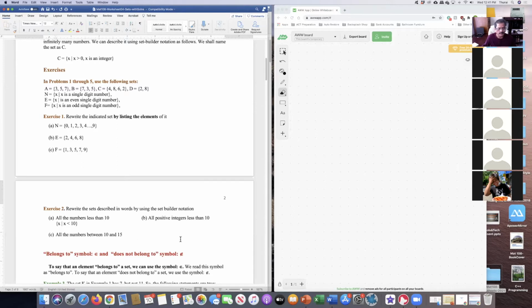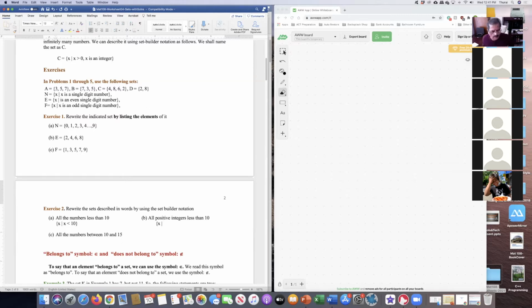All positive integers less than 10. So always you have to write set of all X such that X, all positive integers, less than 10. X greater than 0, but smaller than 10, exactly.